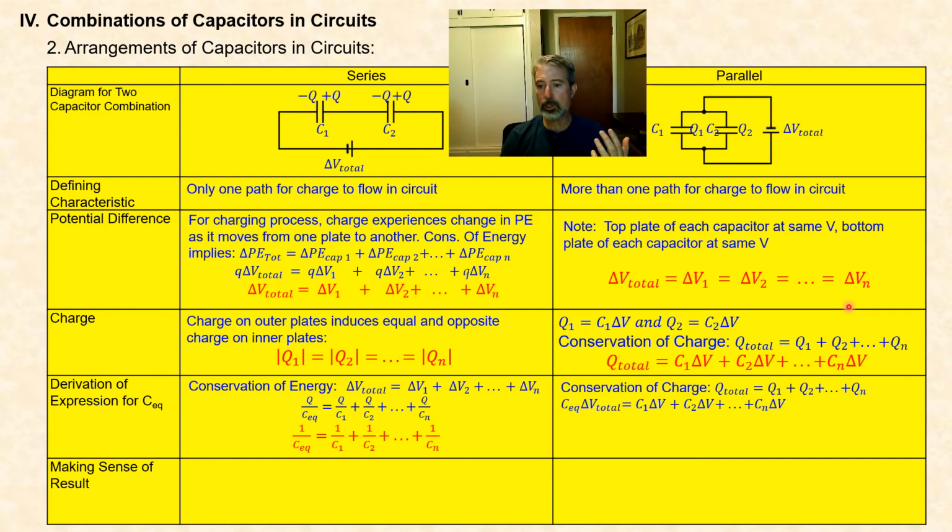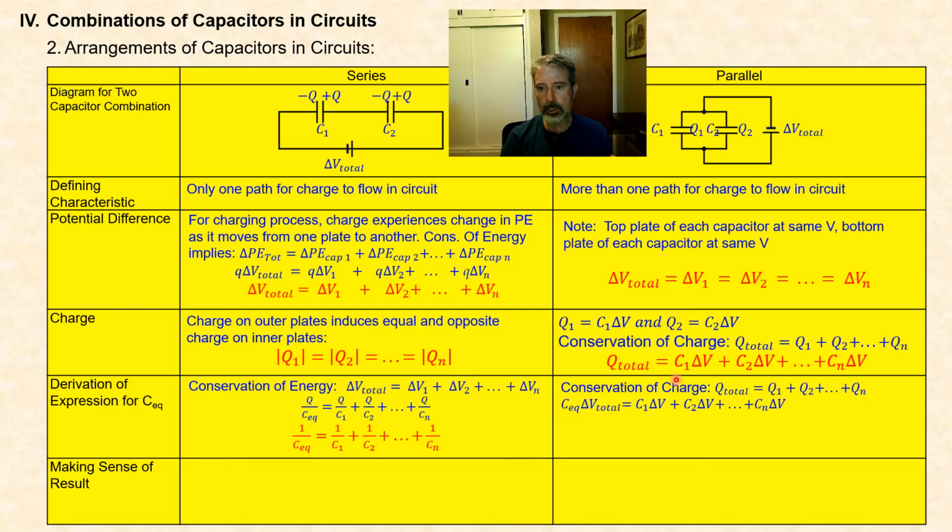And once again, using the definition charge equals capacitance times potential difference, that total charge would be equal to the capacitance of the single capacitor replacing the combination times the total potential difference, which, using what we showed above, would be the sum of these terms.